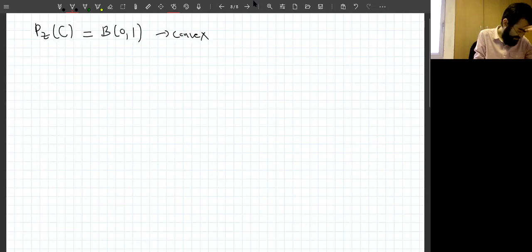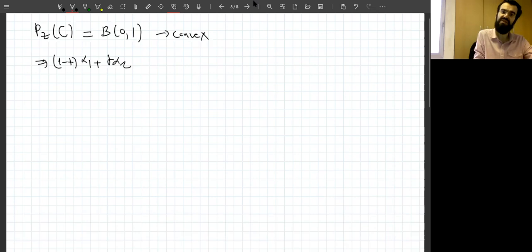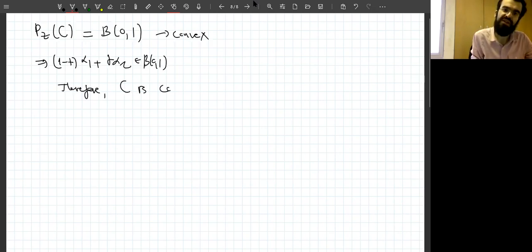This is a convex set as an open ball, which implies t from here, so convex. Therefore, C is convex, which implies C is connected.